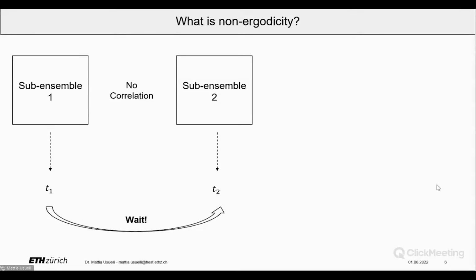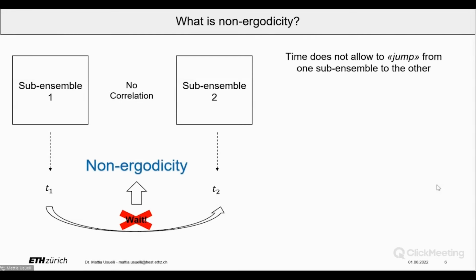It means that the system has time to explore its phase space, it will move around and explore the different sub-ensembles. But when I have non-ergodicity, time is not enough to jump from one sub-ensemble to the other.